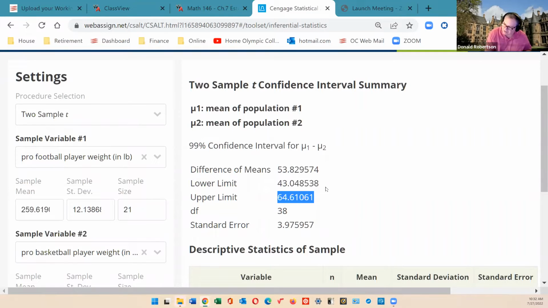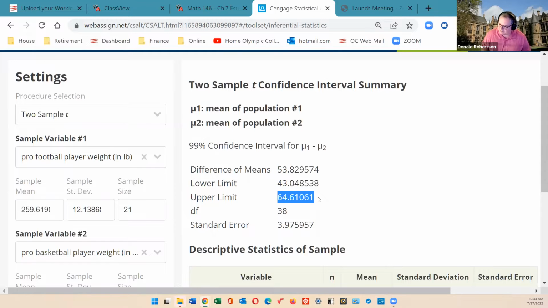So we have formalized this. If you want to check the difference between two populations, use the t distribution, which is what this program is doing. Come up with an interval. If your interval has got nothing but positive numbers in it, you have now proved that the first population mean is bigger than the second. That's it. Drop the mic, walk out the building.